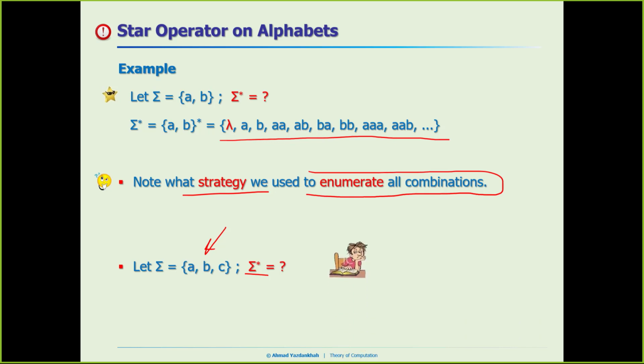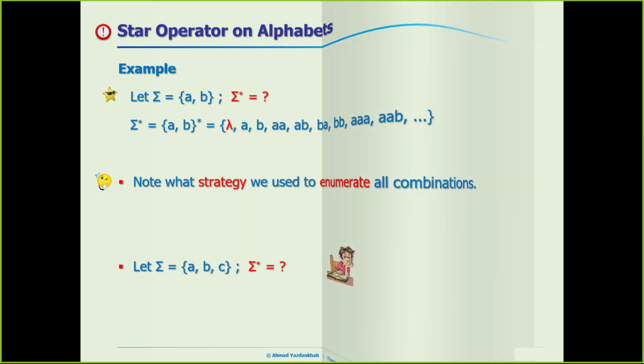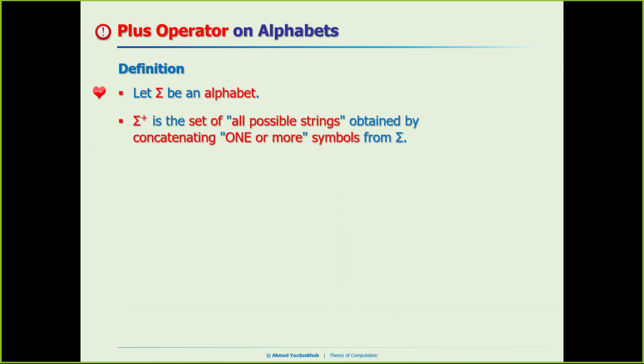This was the first operator I wanted to mention before defining formal languages. Another one we have is called the plus operator. The plus operator is very similar to the star operator, and the only difference in their definitions is this. In sigma star, you had zero or more concatenations. Here we have one or more.